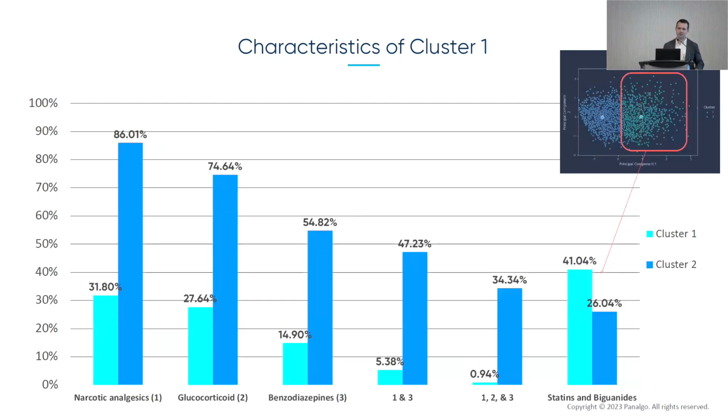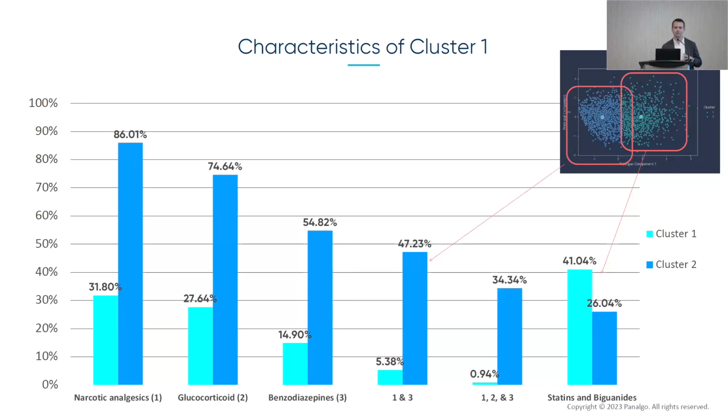The other cluster, with how this is set up, is essentially defined by not having those treatments, or a low prevalence of those treatments within the group. But in looking at what the most common prescriptions were for that group, it was statins and metformin, which is similar to what we have seen in the older population as well.